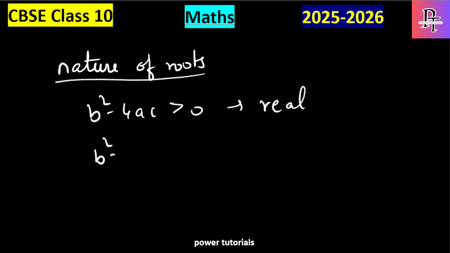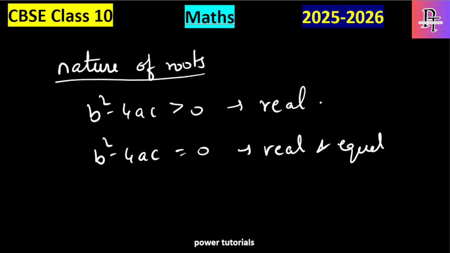If b square minus 4ac is equal to 0, then the roots are real and equal.